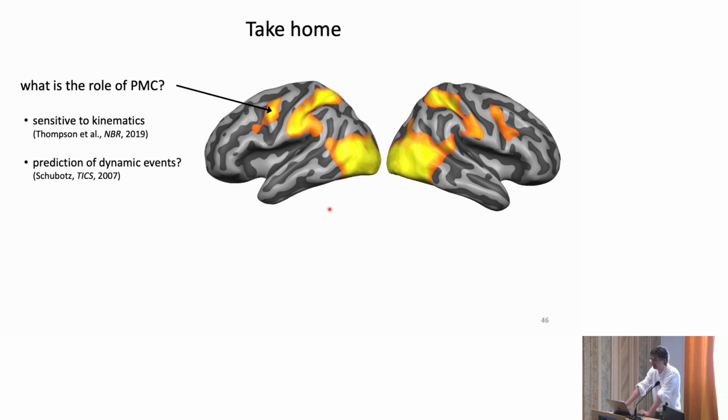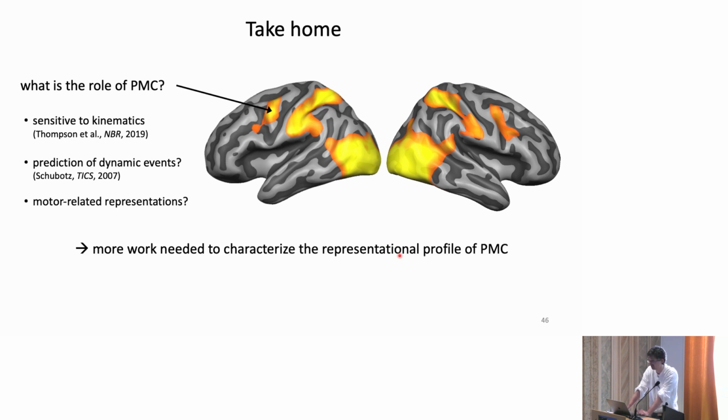It has been argued that premotor cortex is important for generating predictions of unfolding dynamic events, but it's also equally clear that premotor cortex encodes motoric information about actions. And there's absolutely no doubt that motor information can be activated by observing actions. So a straightforward interpretation could be that these visual-motor associations are critical, for example, for social and motor learning. But there's clearly more work needed to characterize the representational profile in the premotor cortex.